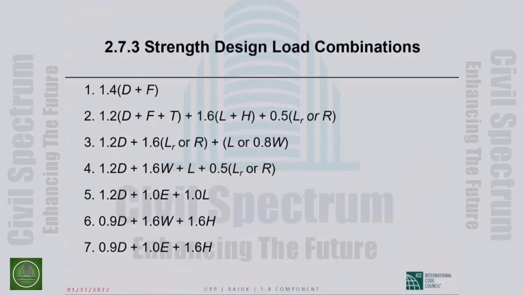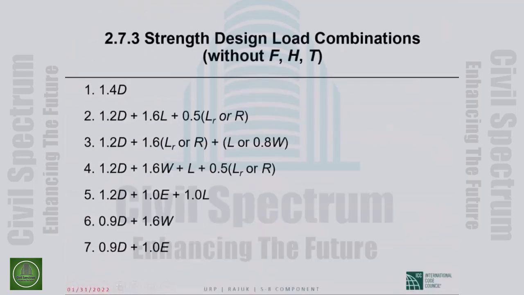Okay. Strength design load combinations. Now there are factors on the loads. So previously in ASD it was just the dead load. Now it is 1.4 times dead load when you consider dead load only. Here again, let me go to the stripped version, no F, H, or T. So 1.4 is the dead load factor when it is dead load only, but in this combination it is 1.2.